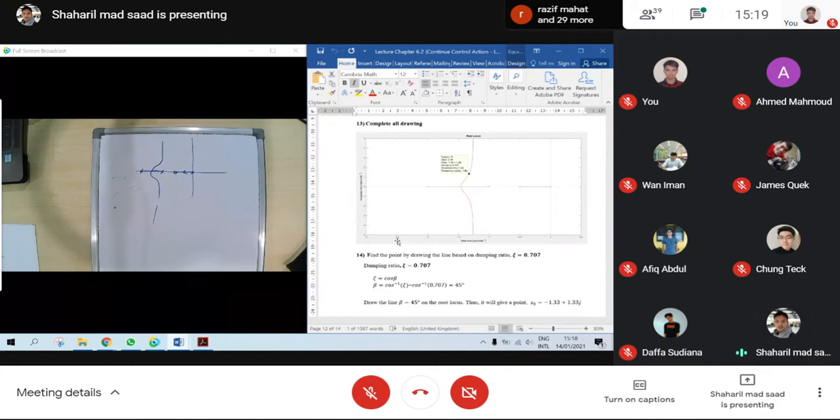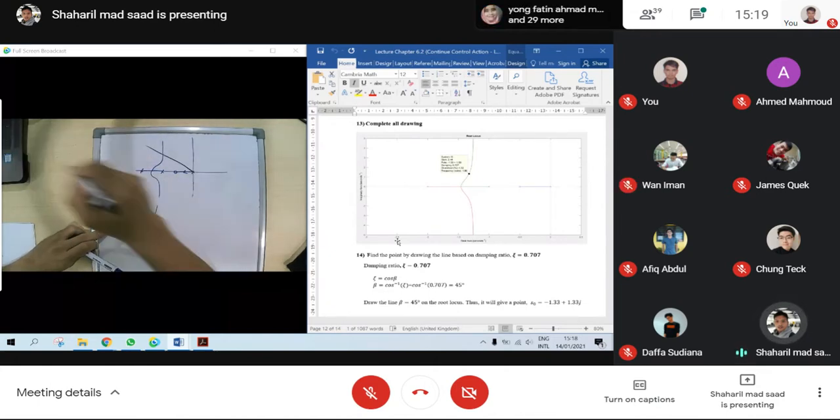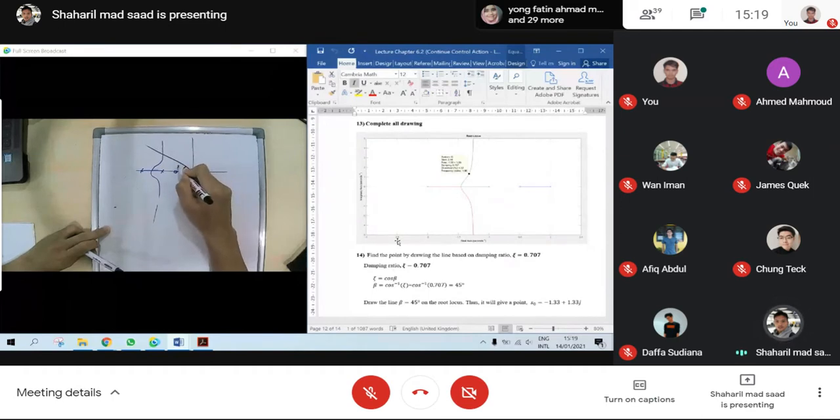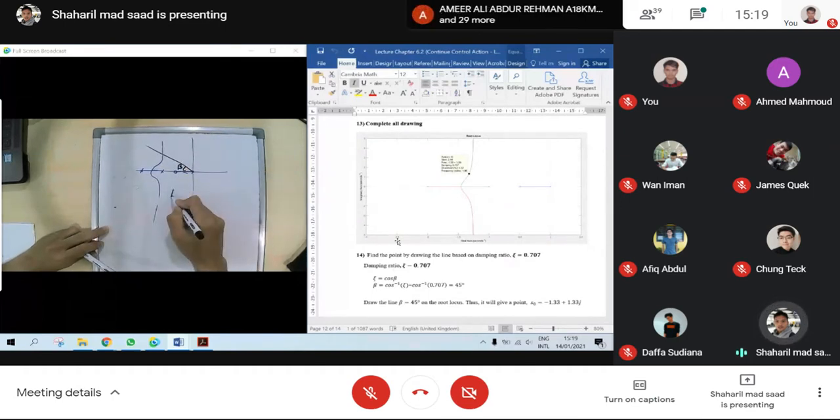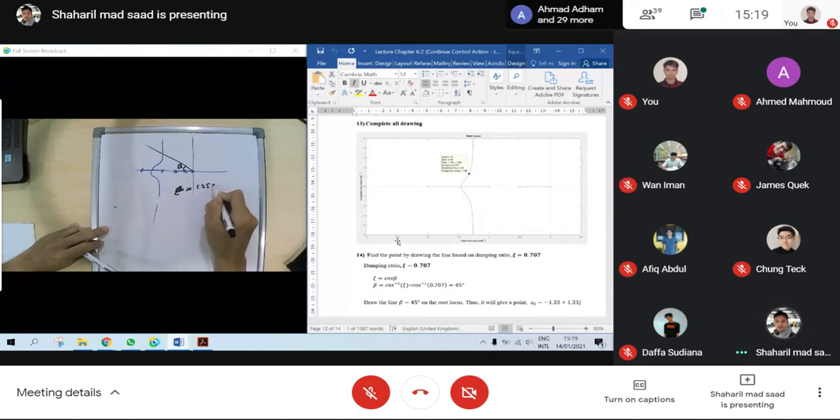From your damping ratio, you can get the beta here. The damping ratio equals cos beta, so beta equals the inverse cosine of 0.707.